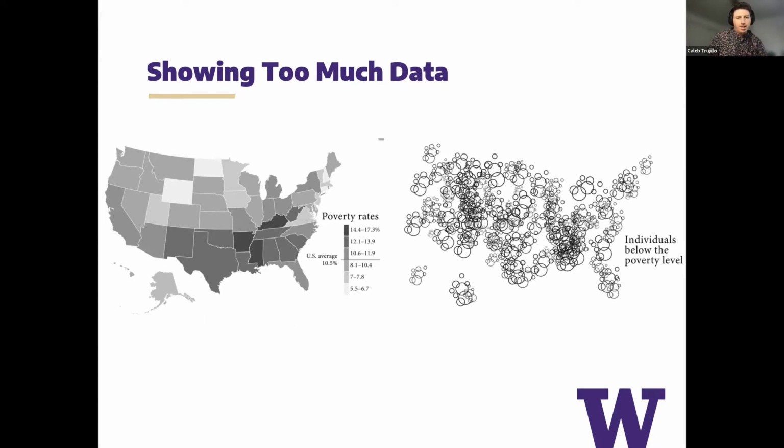Now compare that to this one on the right that uses bubbles to represent how many people are below the poverty line. And this is a common problem with these kinds of maps, which is oftentimes they just show you the population centers inside the different states instead of actually giving you some kind of information about what's happening in a usefully aggregated way.